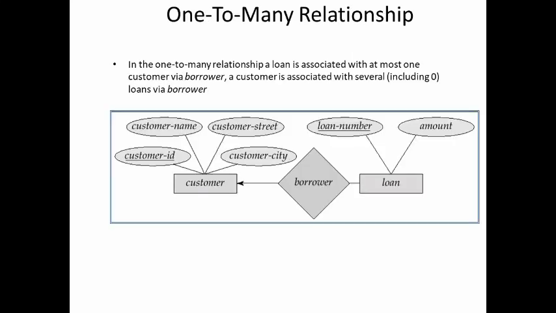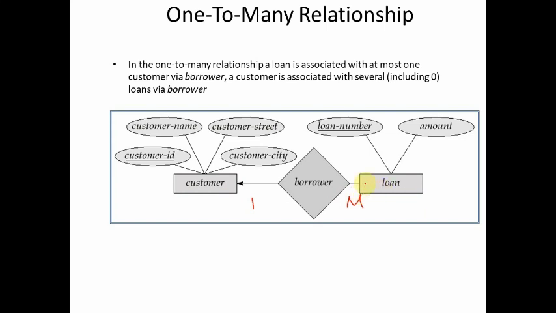Now let's see. So it means now this basically is, let me get the pen. These are many-to-one relationship. That is, a customer can have many loans.